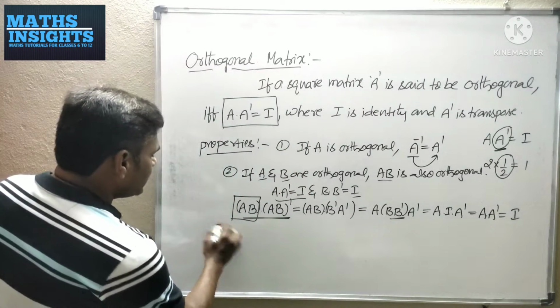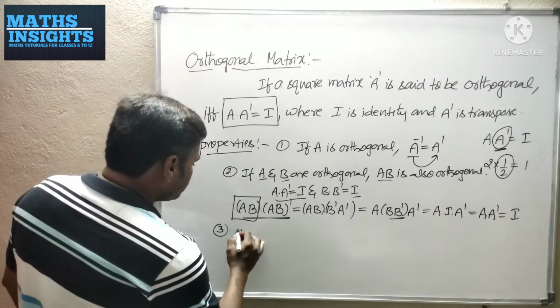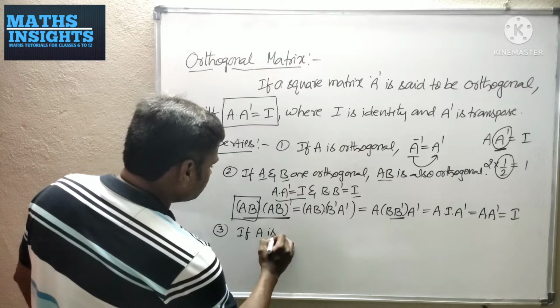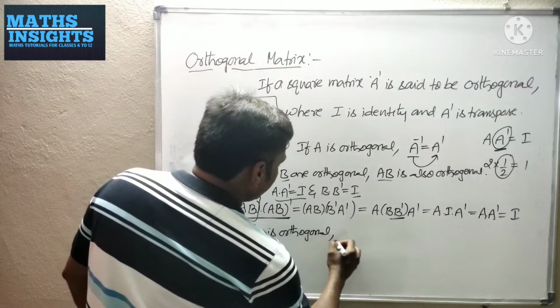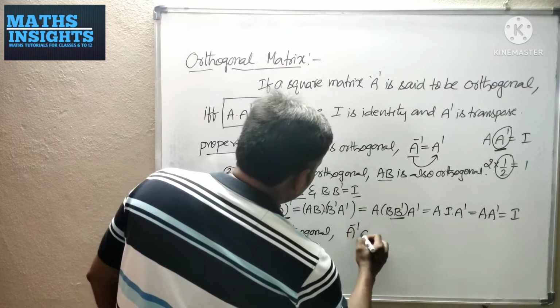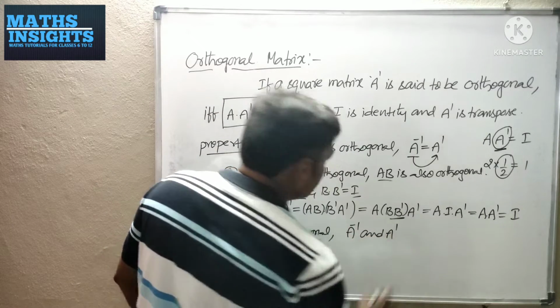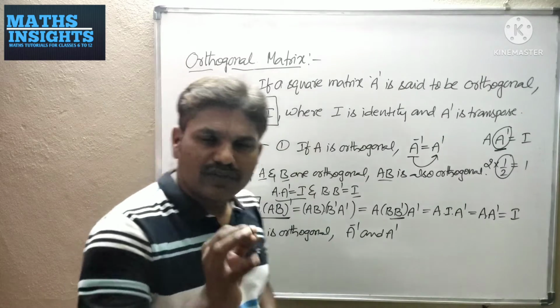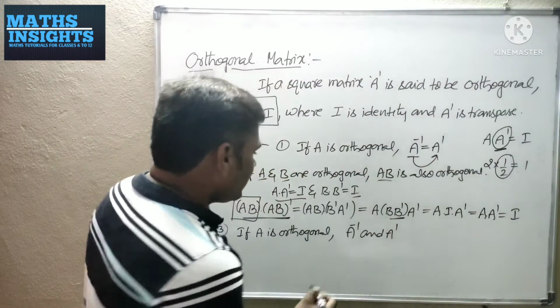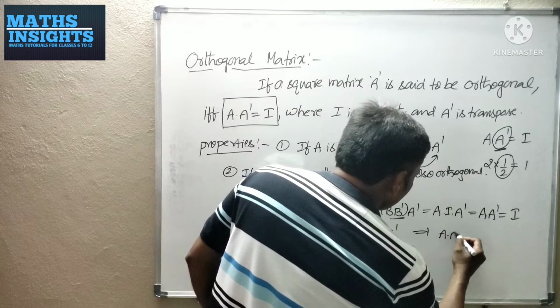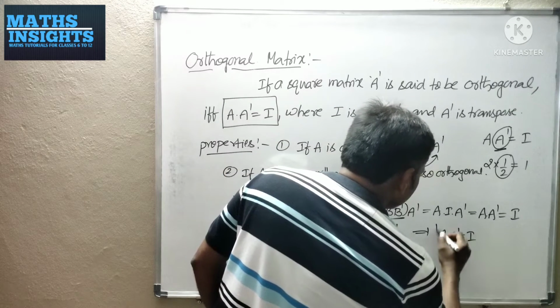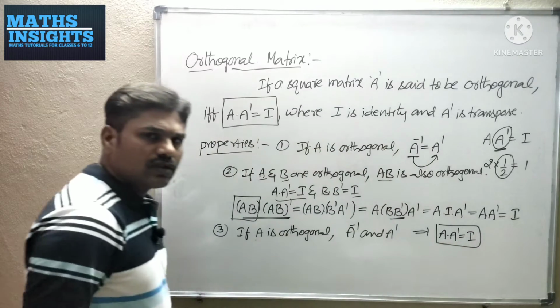Third property, important. If A is orthogonal, then A inverse and A transpose will also become orthogonal. Very simple. If A is orthogonal, it means they are giving the condition that A into A dash is equal to I. They are saying that this is true.